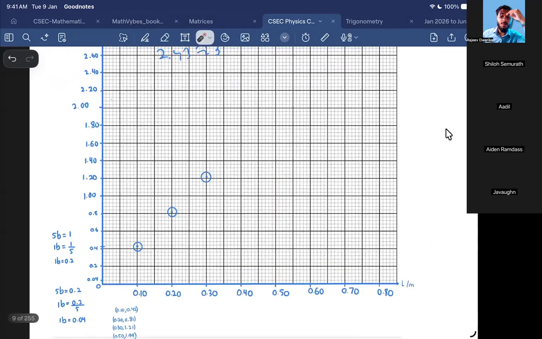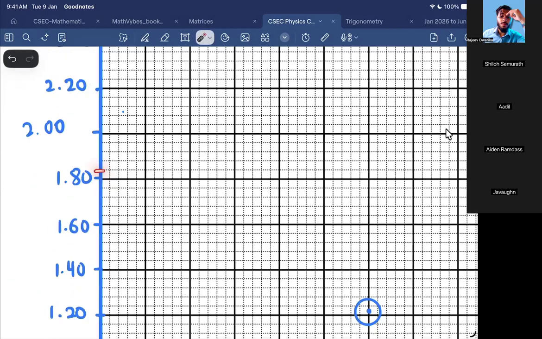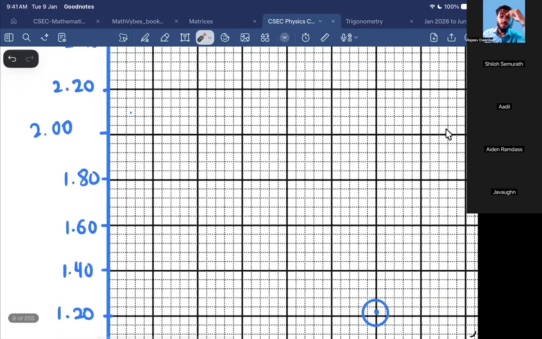Where would that be? So this would be what? Remind me, Javon, what was the smallest block equal to? The smallest block was 0.04. So this could be 1.8 what?